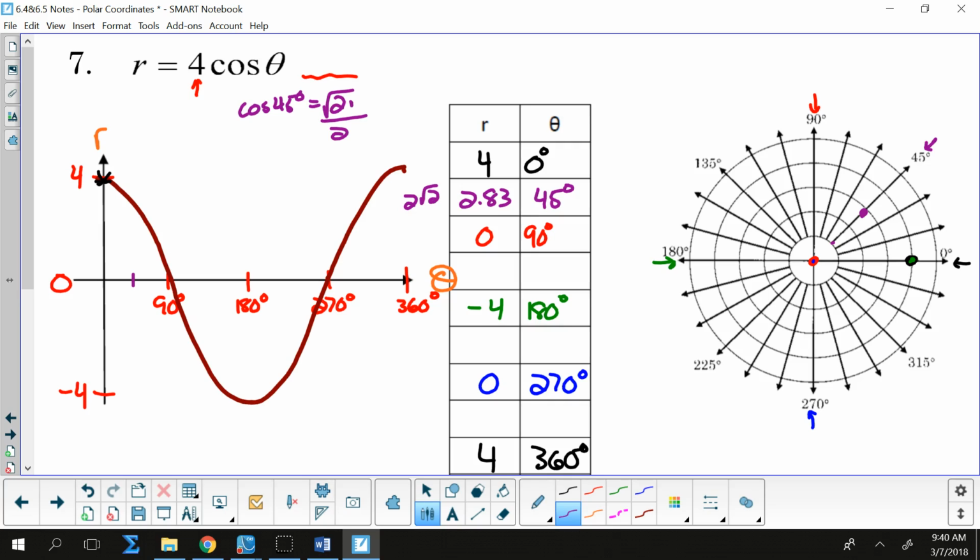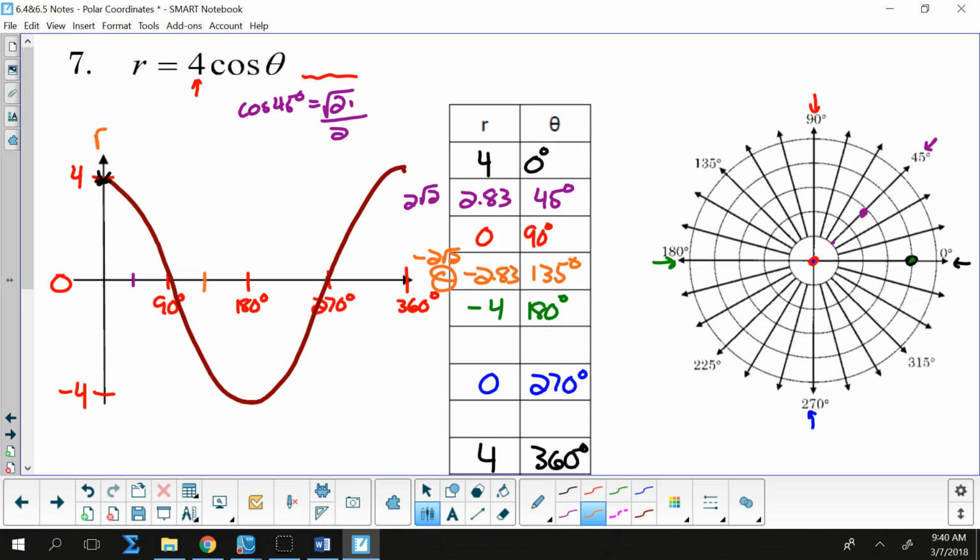Okay. What's halfway between 90 and 180? 135. What's the value of my function at 135 degrees? That's the cosine, right? The cosine of 135 degrees is negative root 2 over 2. Times 4 would be negative 2 times the square root of 2. So that's negative 2.83.